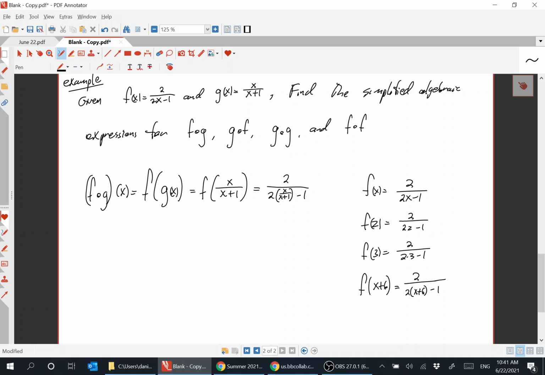Every instance of x in that gets replaced with x over x plus 1. So instead of 2 over 2x minus 1, I have 2 over 2 times whatever this thing is, minus 1. So now I've evaluated what this thing is algebraically. Now I just want to simplify it.